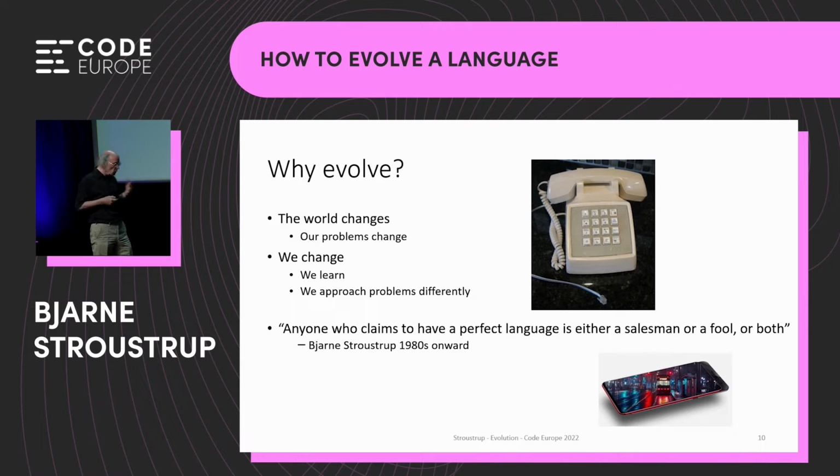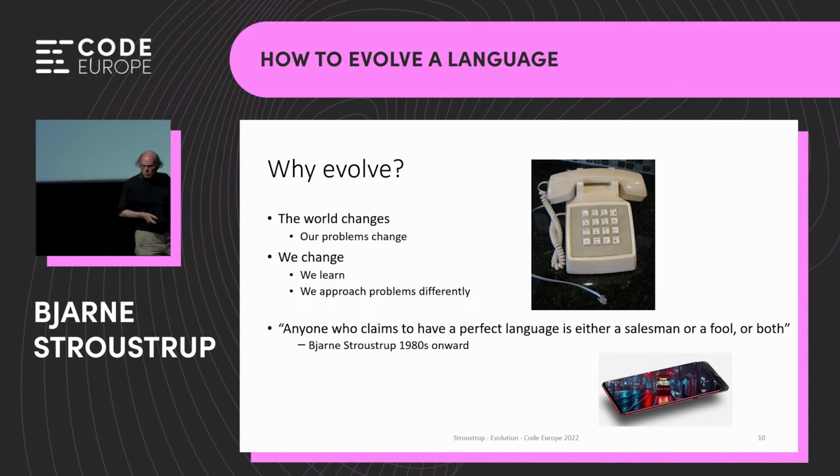So another question is, why should we evolve? Why don't we just grab a new language and write everything from scratch in it? Well, I can think of a few billion lines of code as an argument, but also the simple fact that it has to last. Our programs change, and we change, we learn how to do things better, and we have to reflect that in the language, and we just can't change our language every 5 or 10 years.